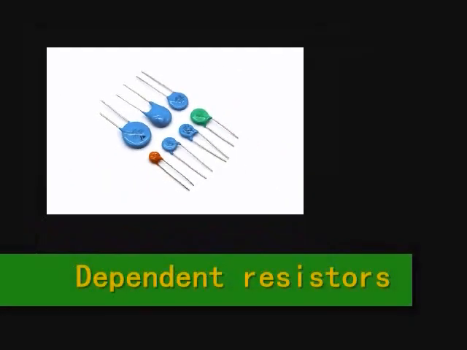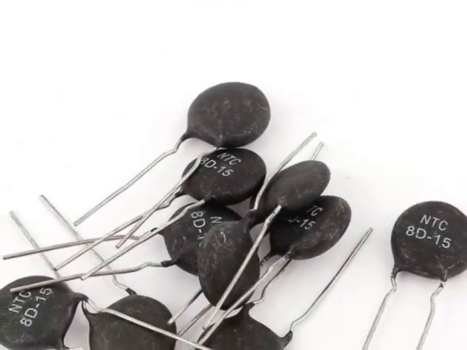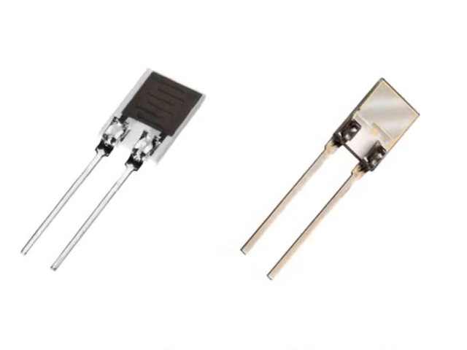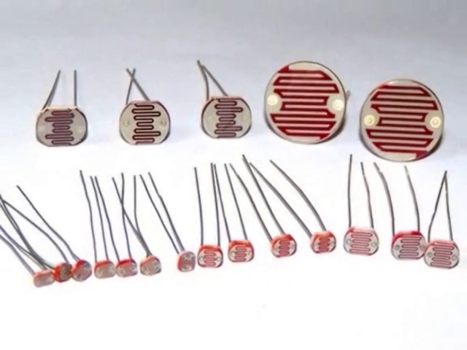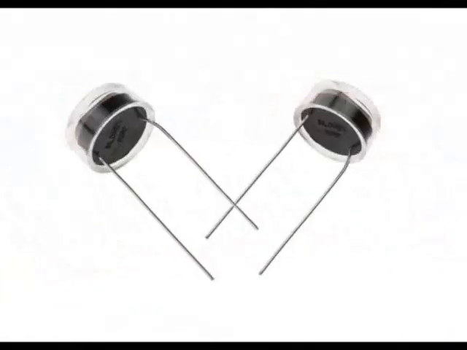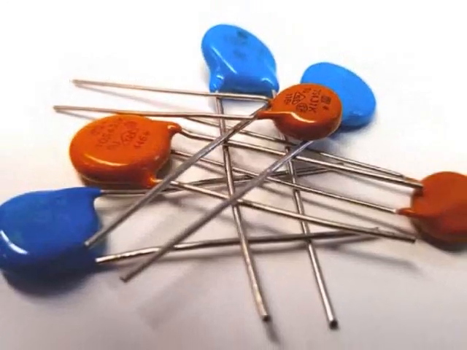Dependent resistors. Dependent resistances are types of resistances that depend on environmental variables such as temperature, humidity, light, magnetic field and voltage. Dependent resistances have different types according to these variables.